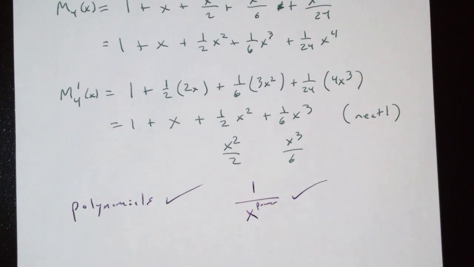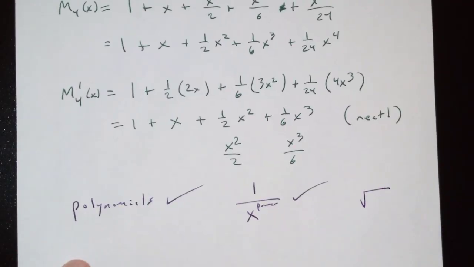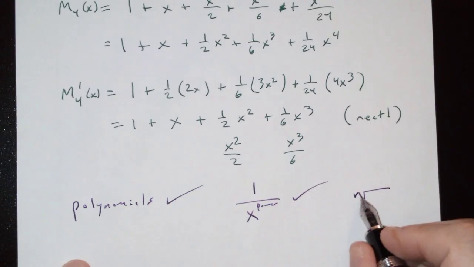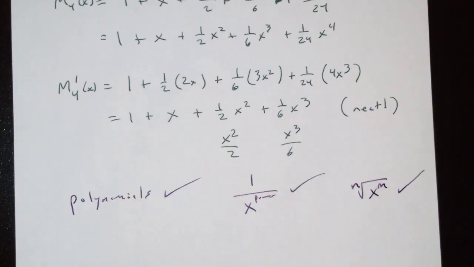I can now take the derivative of any polynomial. I can take the derivative of 1 over x to any power. I can even take the derivative of roots of any order with any power in them, because all I have to do is rewrite them as x to the power. The power rule works for all things that look like this.